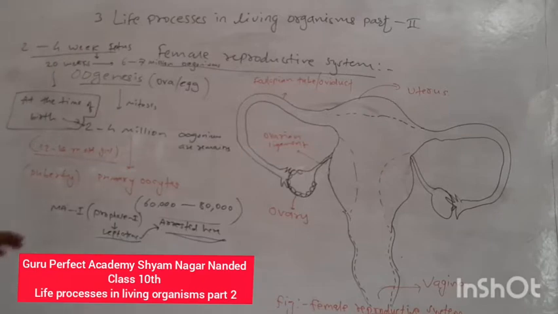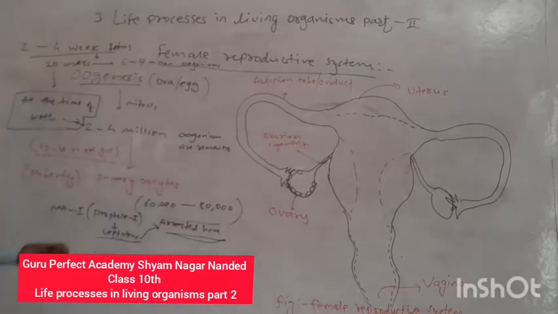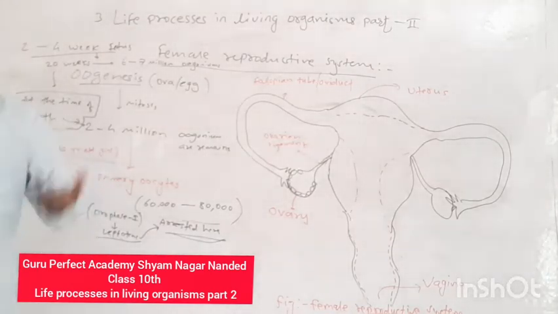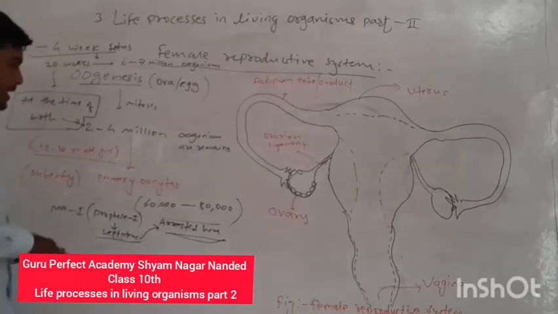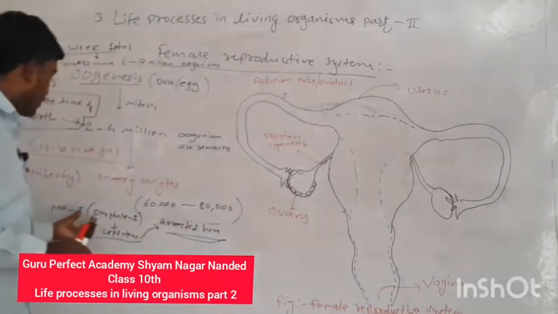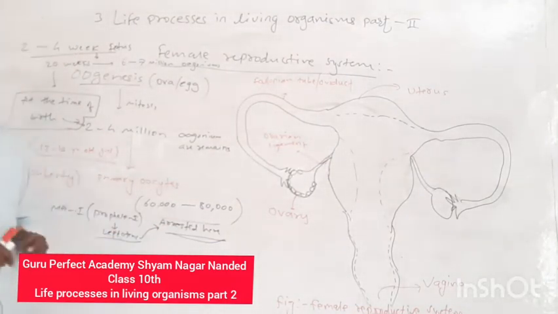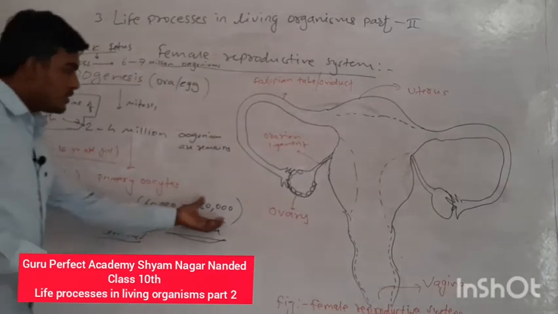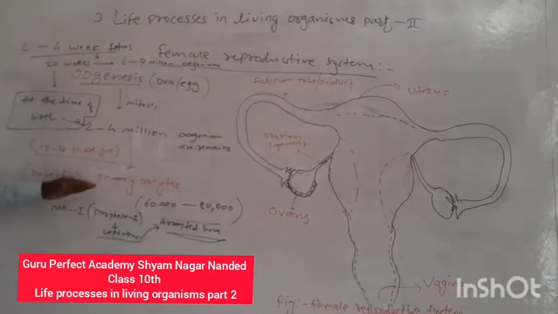Now, from these 60,000 to 80,000, only any one primary oocyte is selected for the next process called meiosis second, because they all do not have the capacity to operate these next stages.